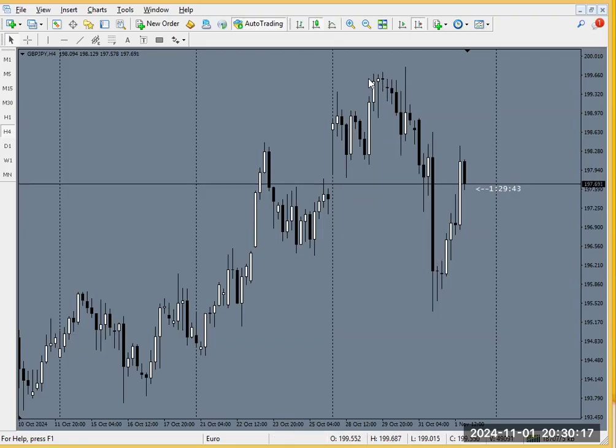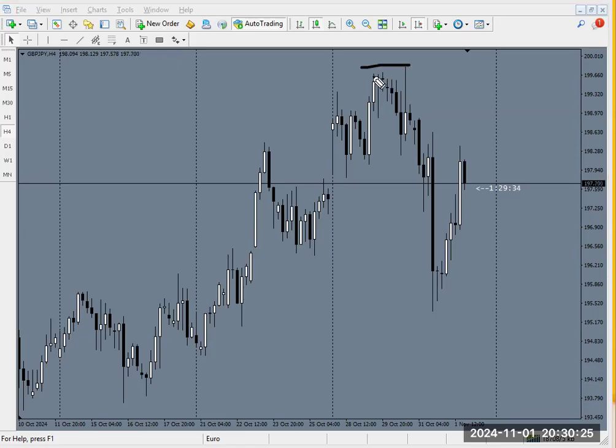Look at this very good example here. The market gives you clues of what it wants to do. Once it got to this high here, look at it, it gave you a kangaroo tail, or a hanging man, gave you an indecision candle, another indecision candle, a bearish candle, a nice engulfing candle, right?